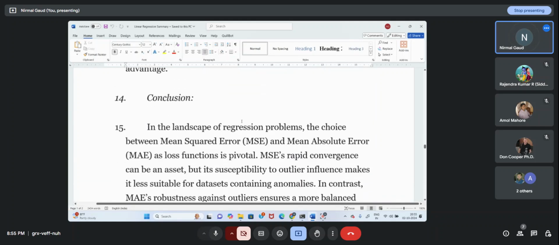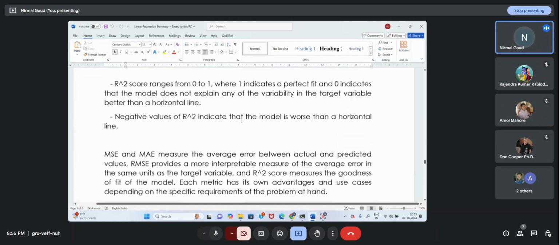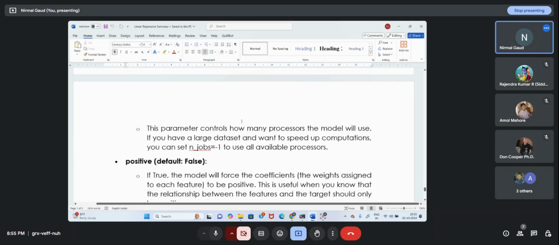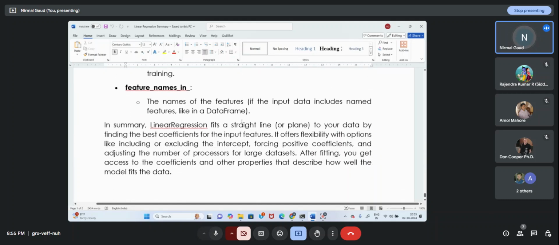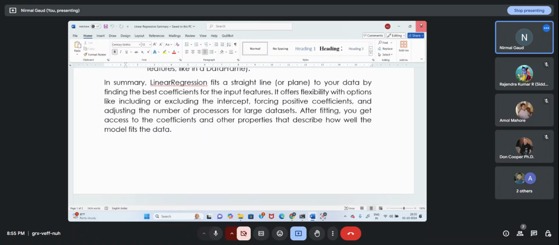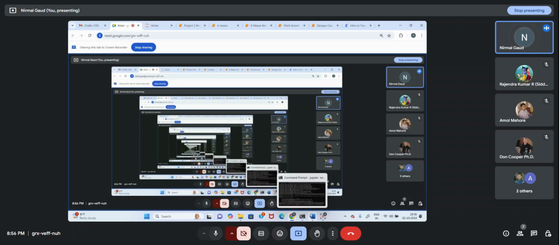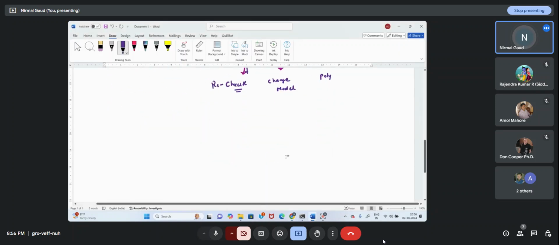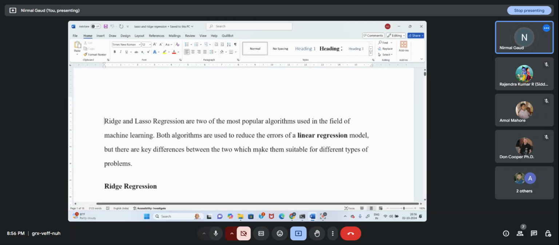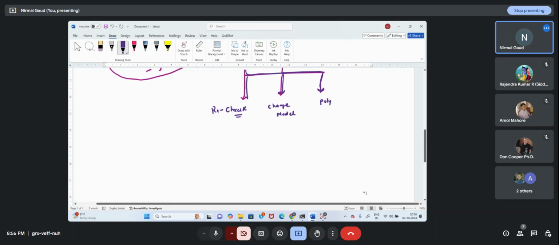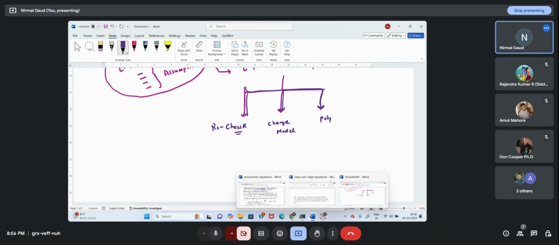MSE, RMSE, MAE, R2, everything I told, including the parameters and features. Nothing more is available to me at this time related to polynomial, only a brief introduction about what a polynomial relationship or curvilinear regression is. Okay, fine.